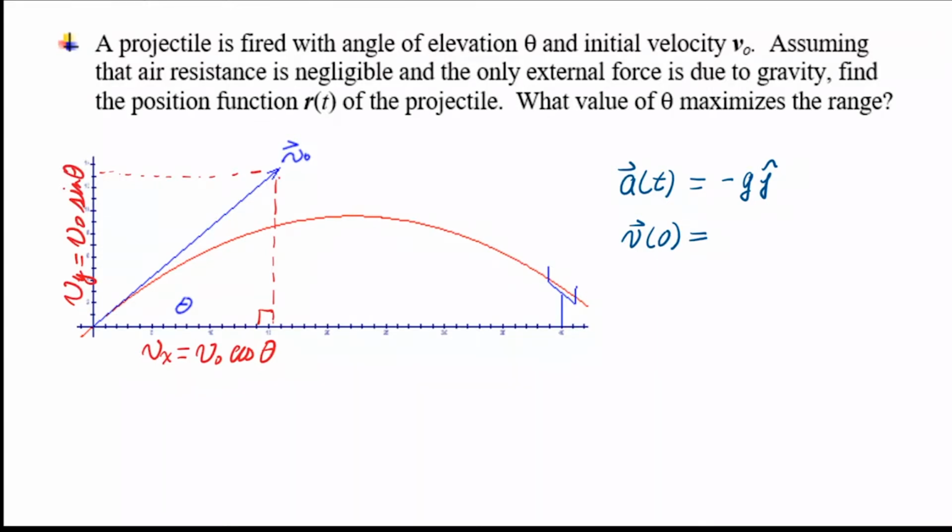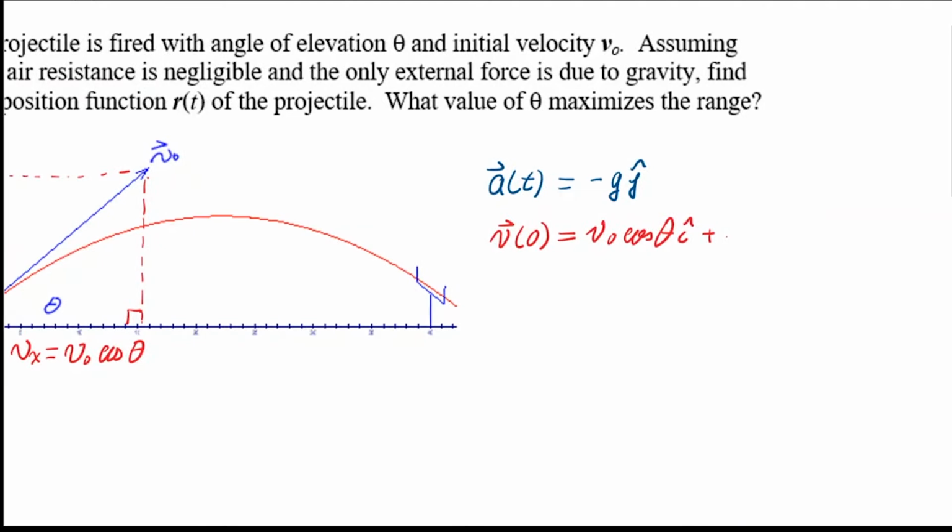Now let's talk about this initial condition. Since I started writing with red, why don't I change the color to red? So that is v naught cosine theta i vector, correct? X direction, i vector, and then plus v naught sine theta j vector. Good.